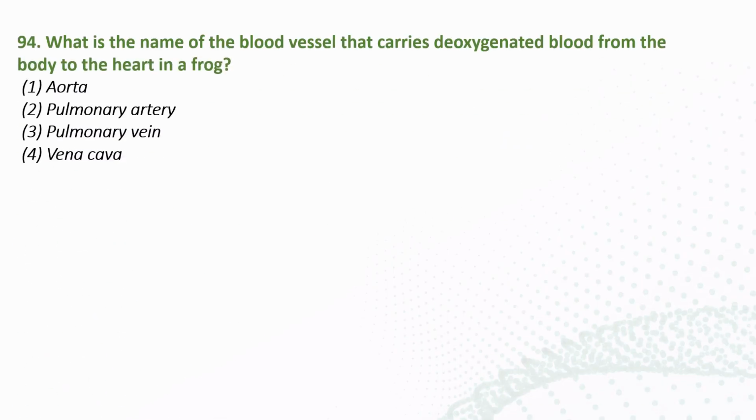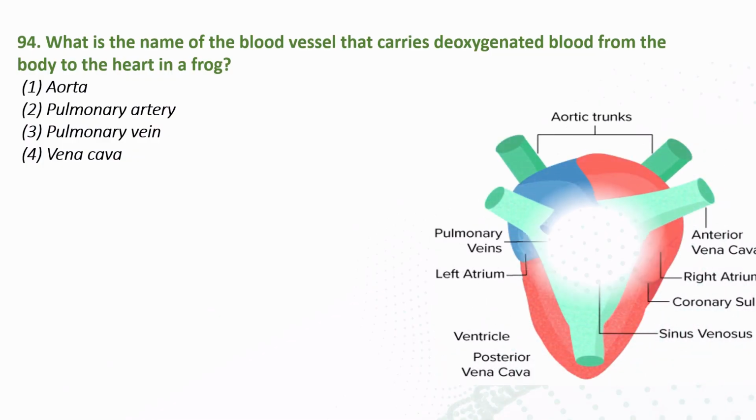The next question is: what is the name of the blood vessel that carries deoxygenated blood from the body to the heart in a frog? If you see the frog heart, you can see so many valves, and like us it also has pulmonary veins and vena cava and so on. Normally the heart takes the deoxygenated blood and pumps the oxygenated blood to the remaining parts of the body, in every organism.